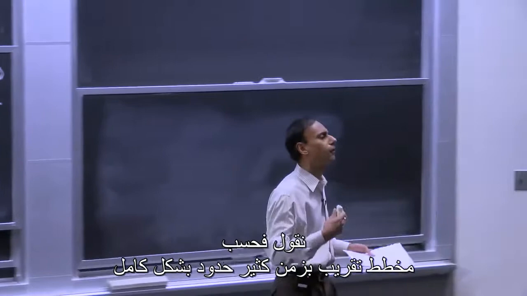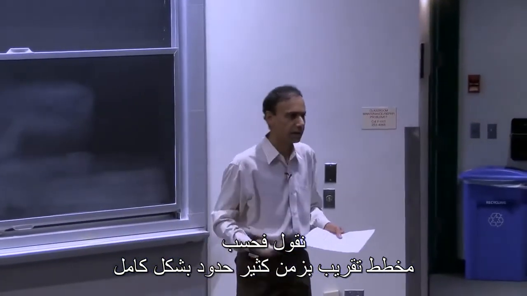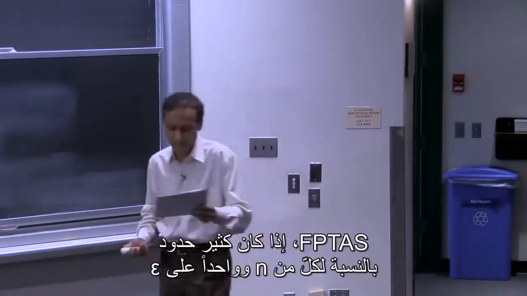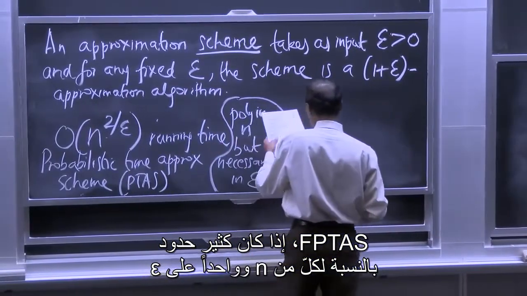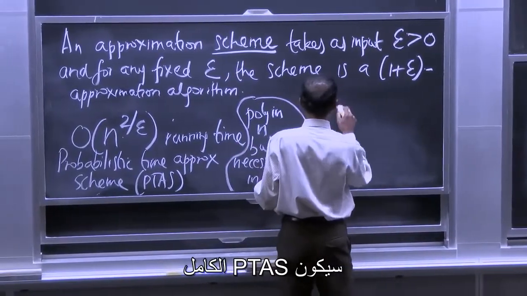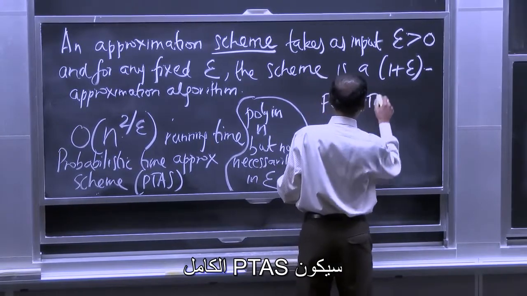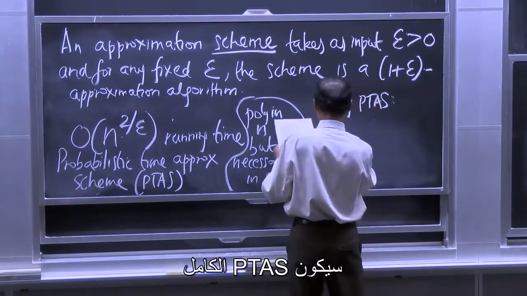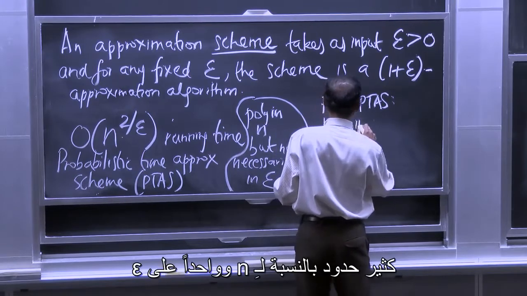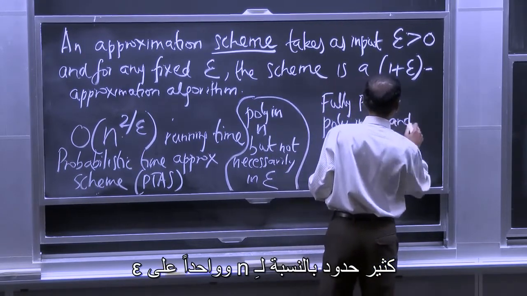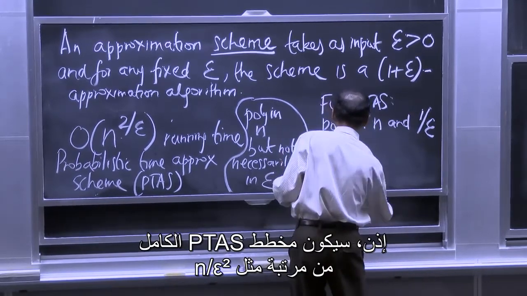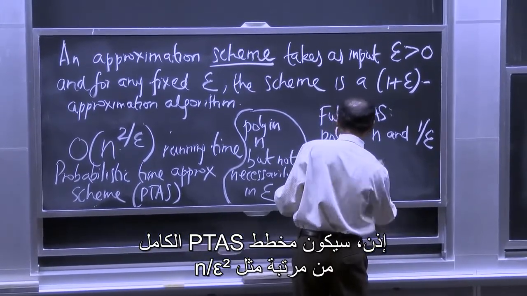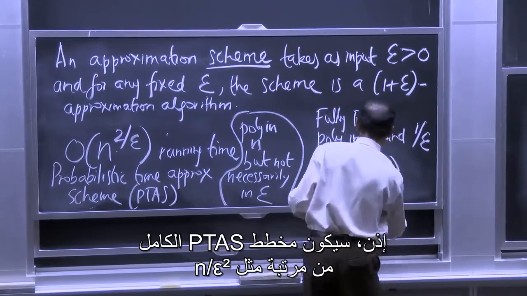We just say fully polynomial time approximation scheme, FPTAS, if it's polynomial in both n and 1 over epsilon. Right? So a fully PTAS is poly in n and 1 over epsilon. So a fully PTAS scheme would be something like n divided by epsilon squared.